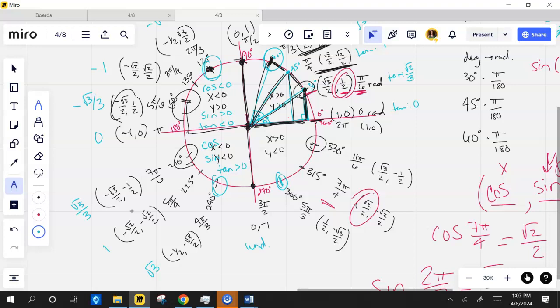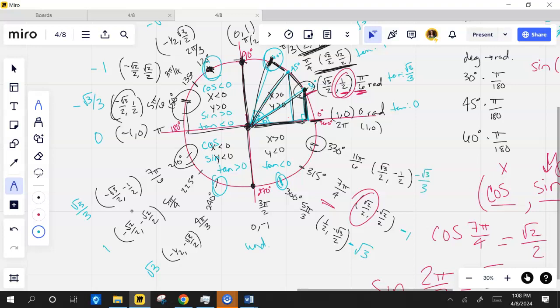And now on my very last quadrant, my tangent is negative because I have 1 negative and 1 positive. So what's my tangent value here at 5 pi over 3? Negative square root of 3. It is. And then negative 1, and then here's my negative root 3.